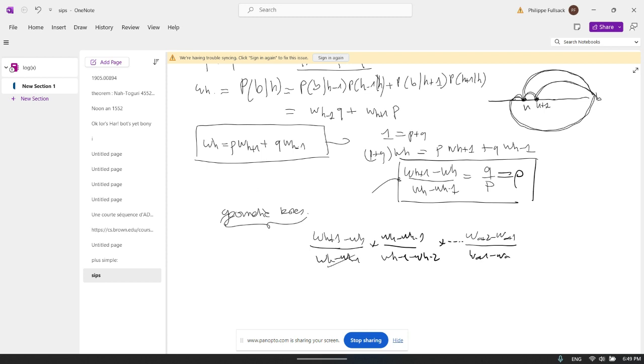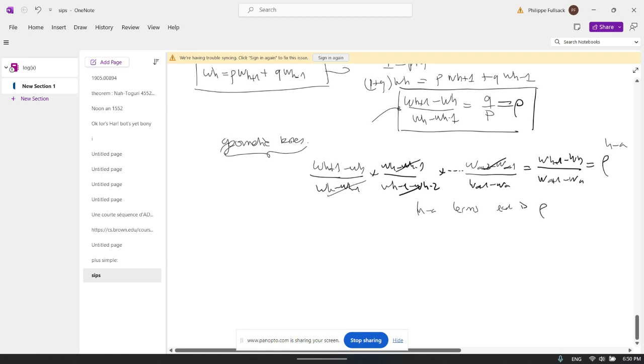And so this simplifies, and you find just WH plus 1 minus WH divided by WA plus 1 minus WA. And this is, of course, rho power H minus A, because we have H minus A terms, and each term is rho.